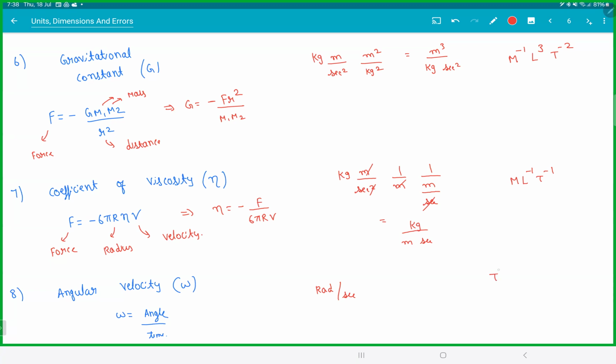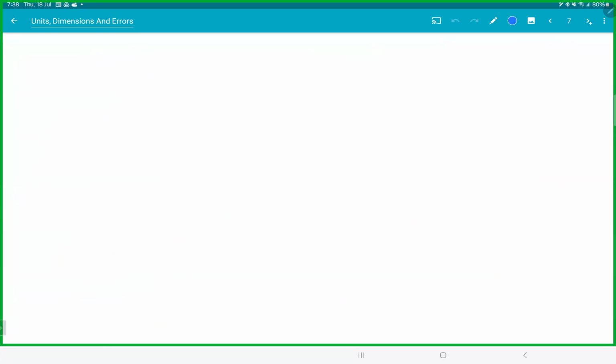Radian has no unit, so this is only T power minus 1. Clear, everyone? Clear, na? Jainil, Arya, Abhinav, Daksha, Ojas, Surya, Nikhil. Going ahead. Let's see a few more.